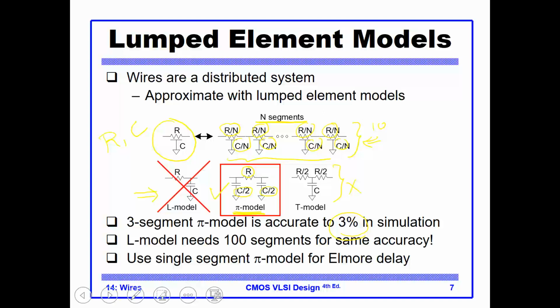So how can we find the resistance and the capacitance of the wire?